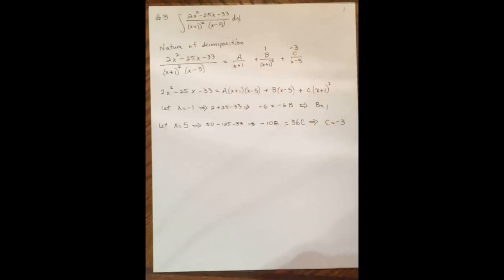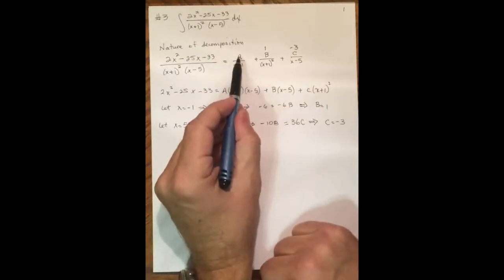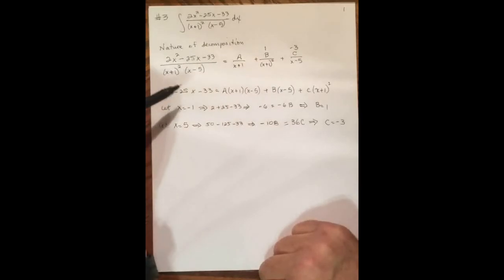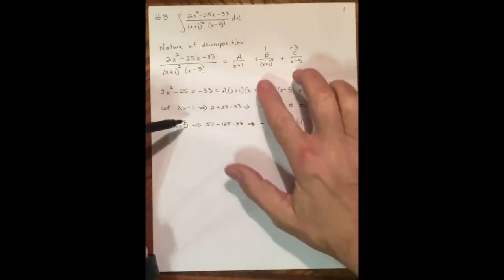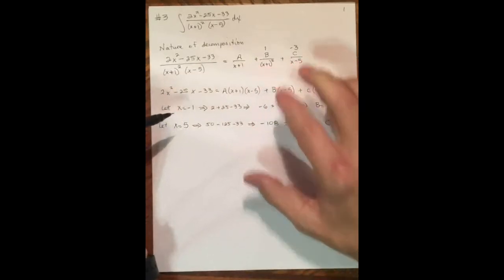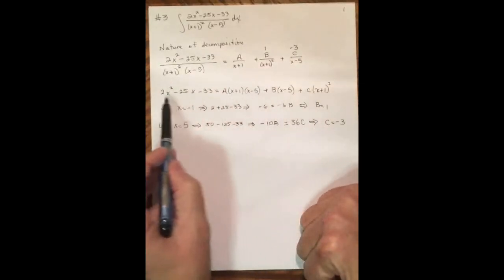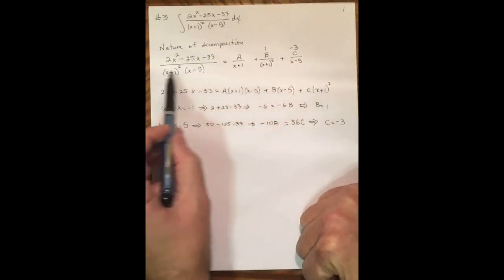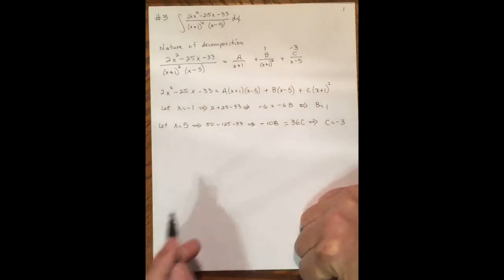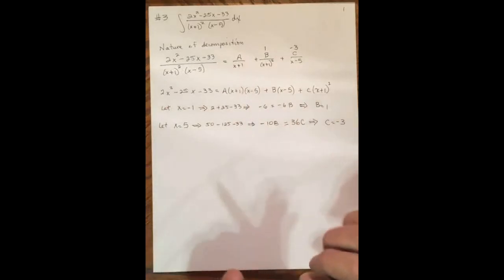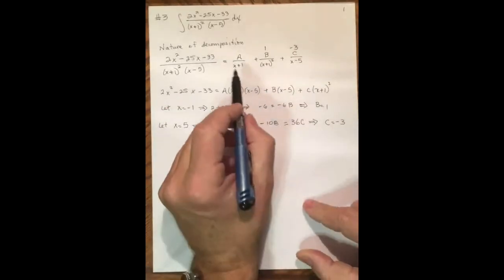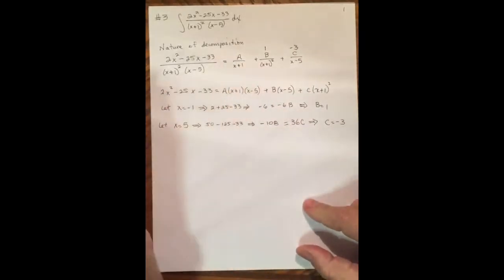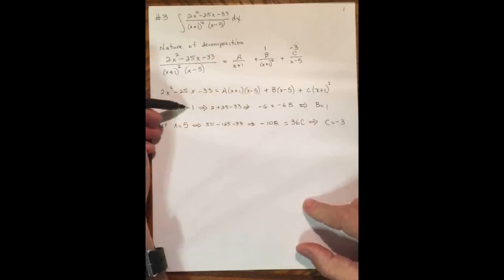Well, there's an issue, isn't it? We have to find the coefficient a, but we've already used everything we can to get zeros up here. Well, remember, this is an identity, and by the way, so is this. So, since it's an identity, I can pick any number I wish to plug in for x, except -1 and 5.